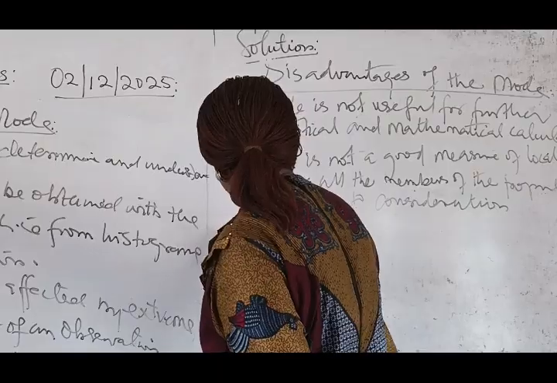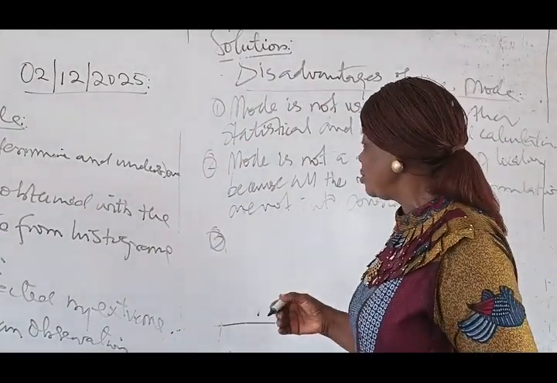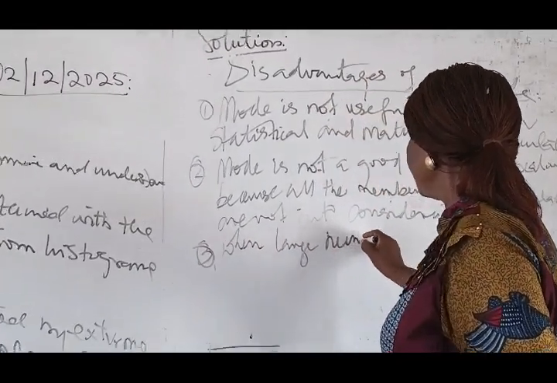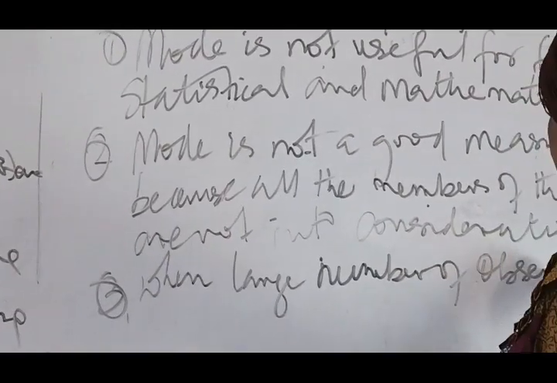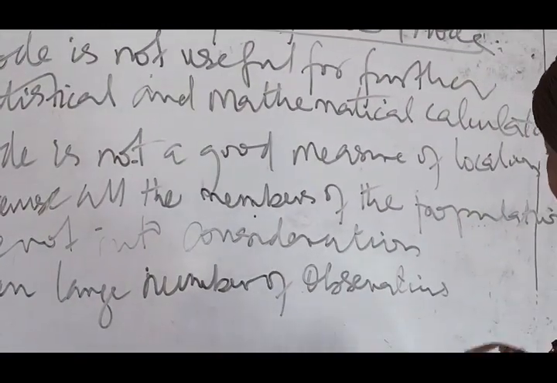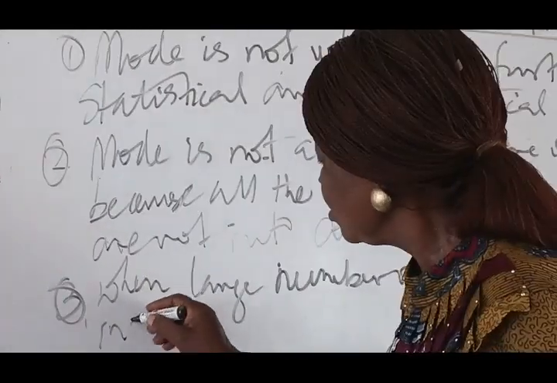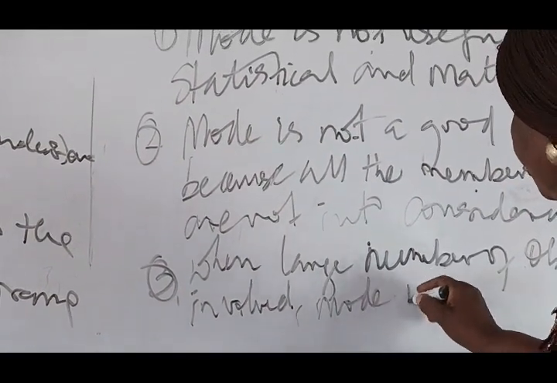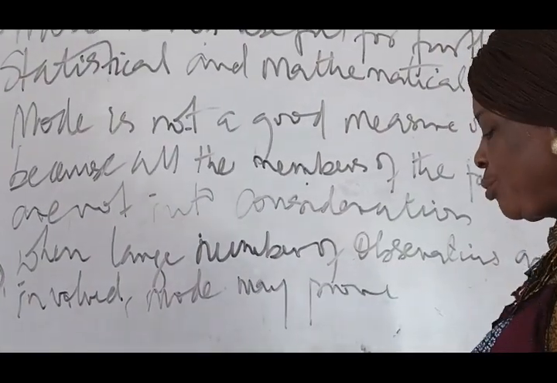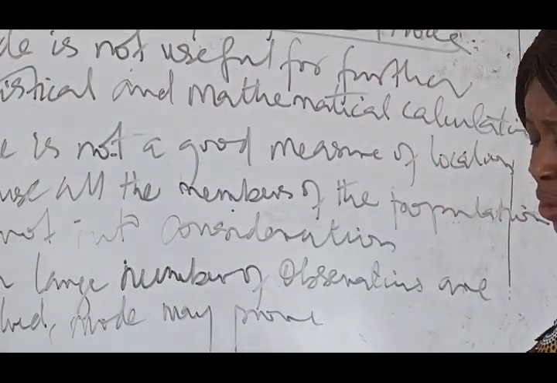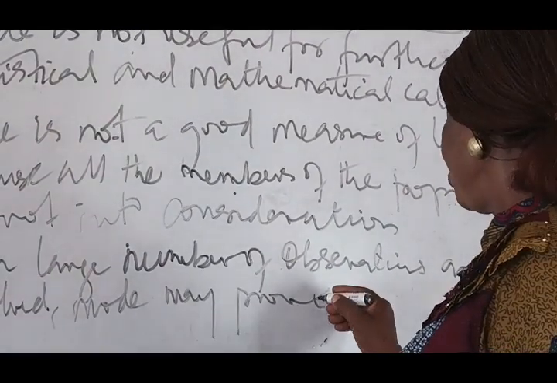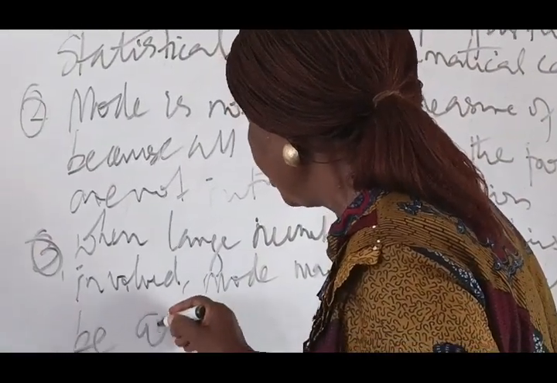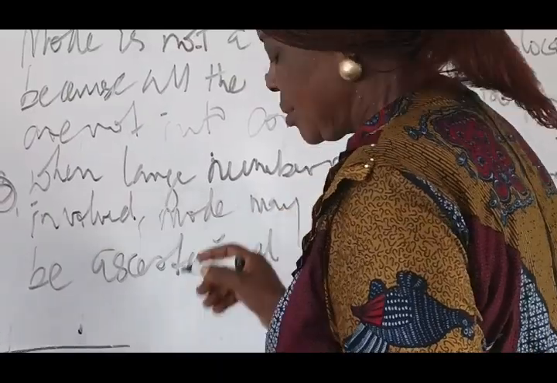Number three, when a large number of observations, that's large number of figures, are involved, mode may prove difficult to be ascertained. So it may not be easy.